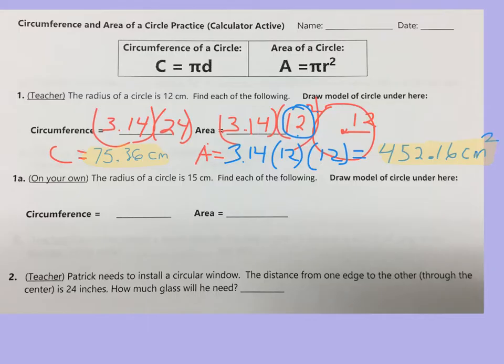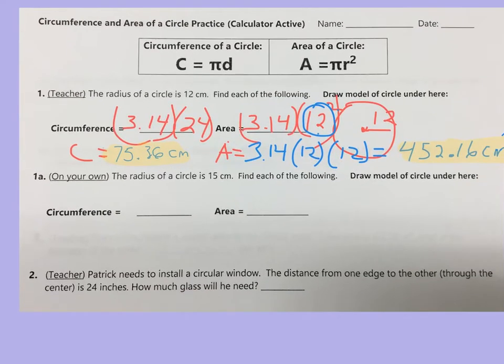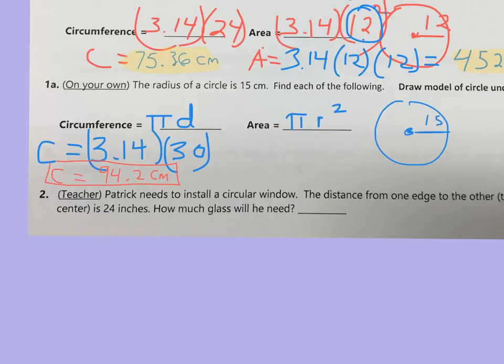Now I want you to try the next problem, 1B, on your own. If you want to check your answer, the circumference is pi times the diameter, 3.14. They gave us the radius, so we need to double the radius. 15 times 2 would be 30 all the way across.